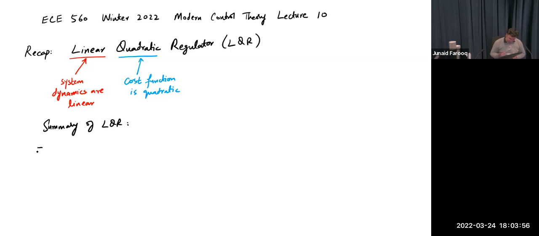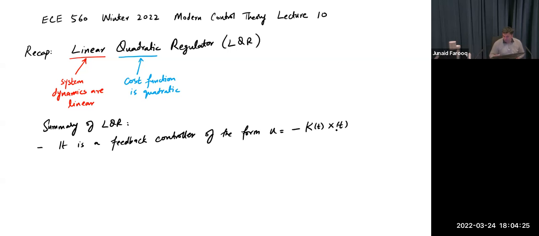So like other controllers that we saw in this course, it is really a feedback controller. Okay, so when I say feedback controller, again, it is of the form u equals minus K of t x of t. Important to note here that this controller is dynamic.